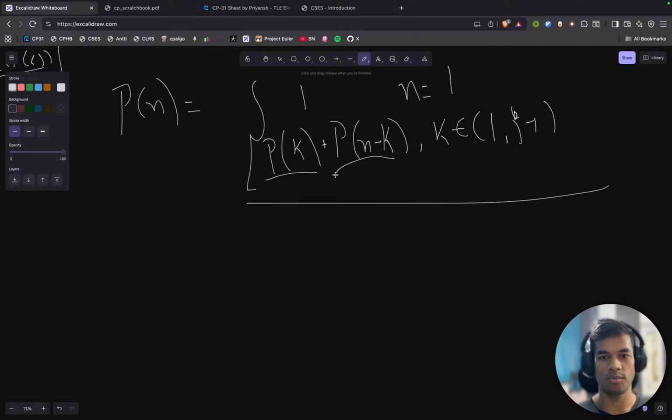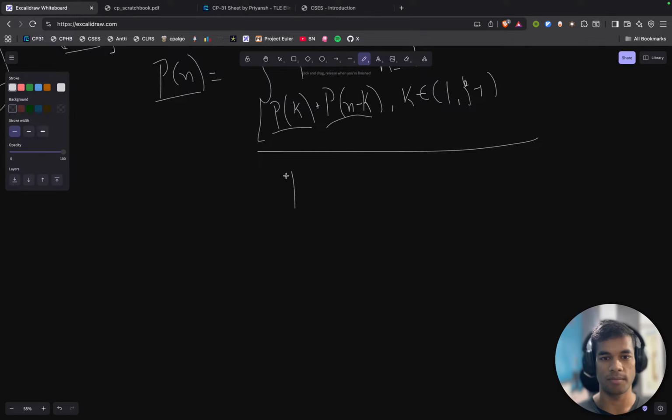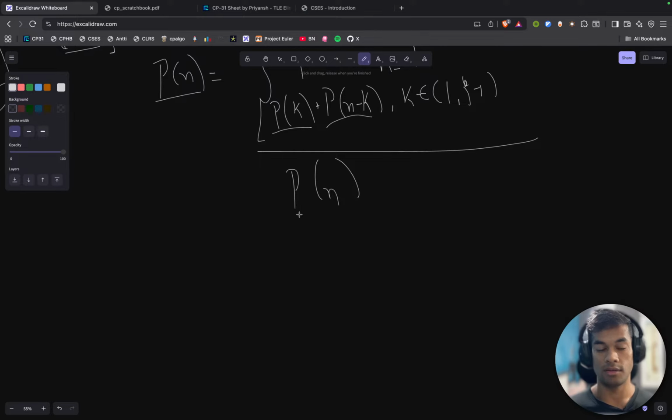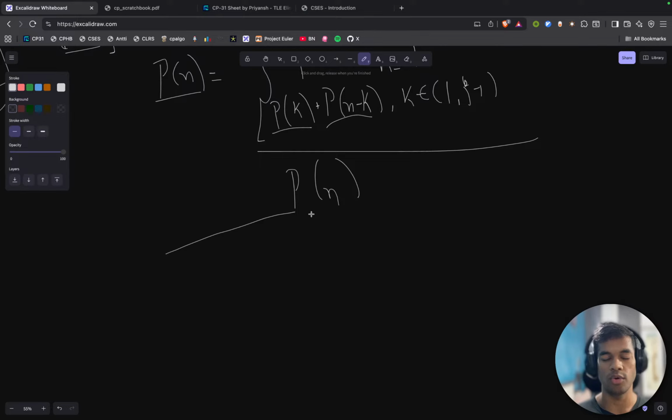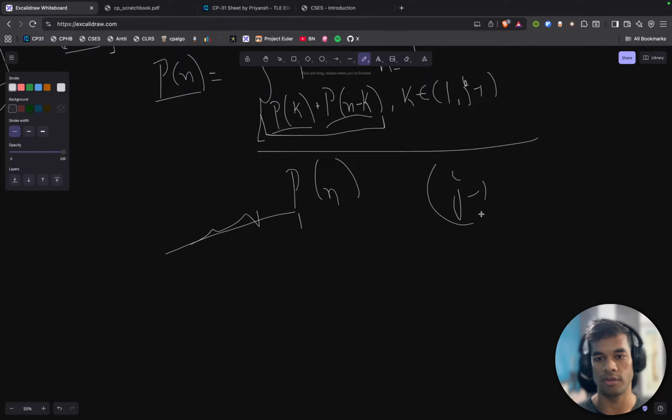How do you win given a recursive function? Let's draw the tree. How many calls is this going to make? This is going to make a bunch of calls. Shit, this is actually going to make a bunch of calls. This whole part is going to repeat for j minus 1 times.